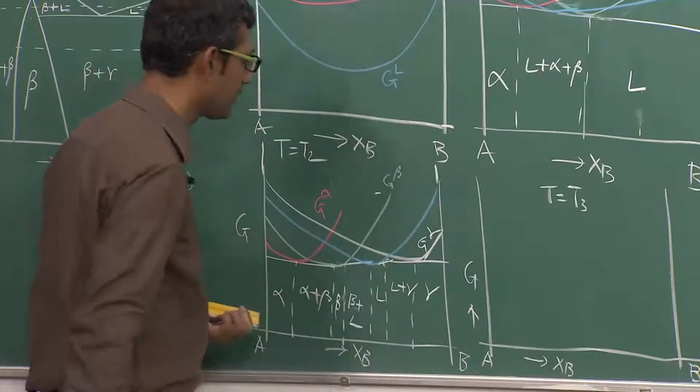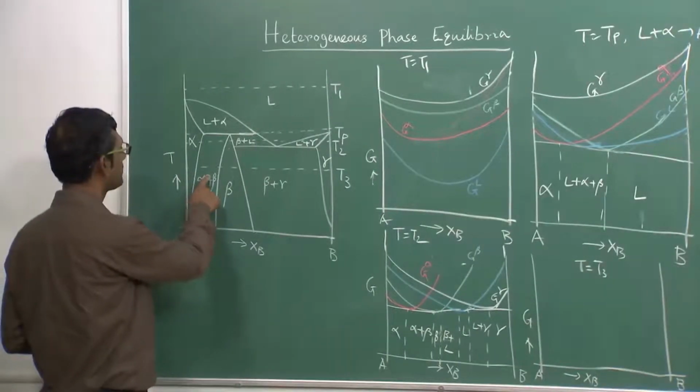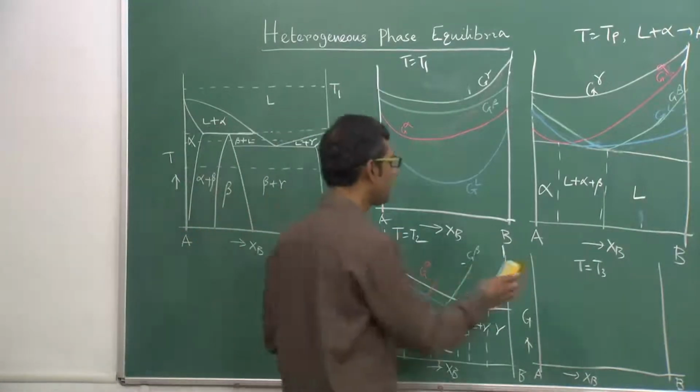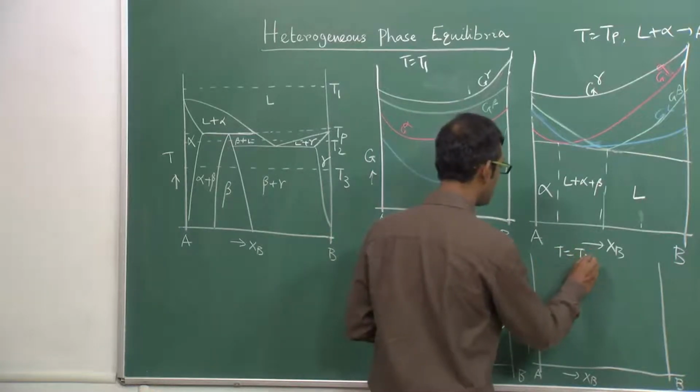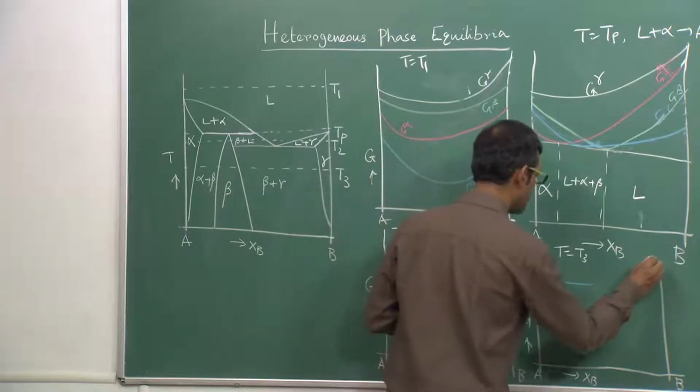That's why it is like this. Okay, so at T3, let us complete it. At T3 again you have alpha plus beta, beta plus gamma and gamma. Only thing is that at T3 the liquid is going to be at a higher level. So liquid will be at a higher level. So let us finish it there.